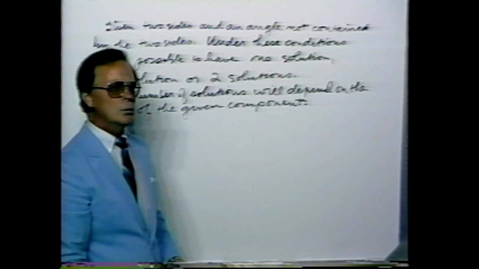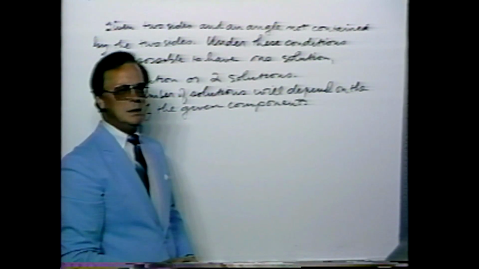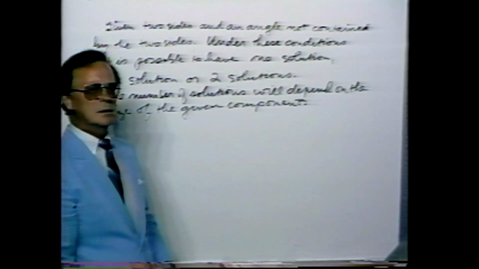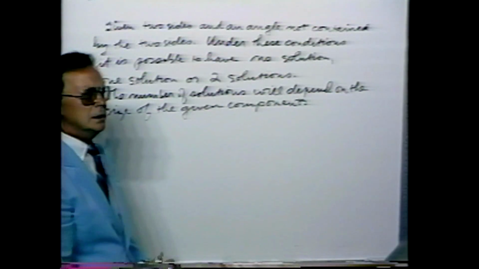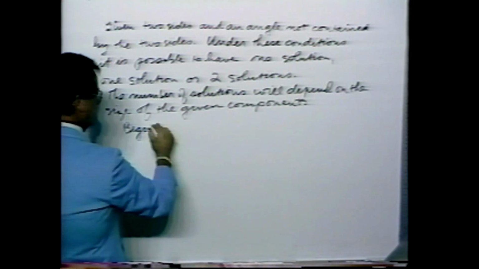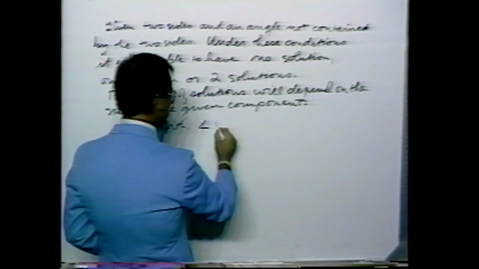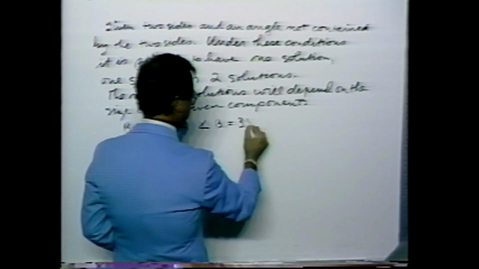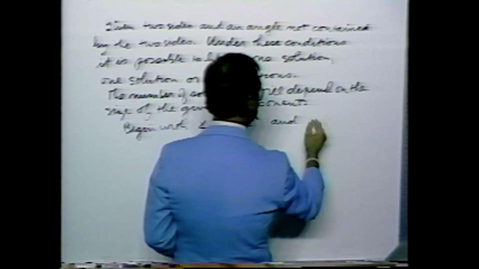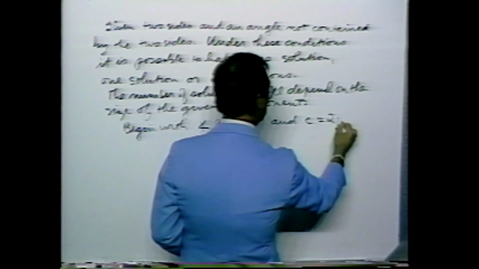Let's begin with angle B equal to 35 degrees and a side c equal to 20. Side c, small c, equals 20 units.